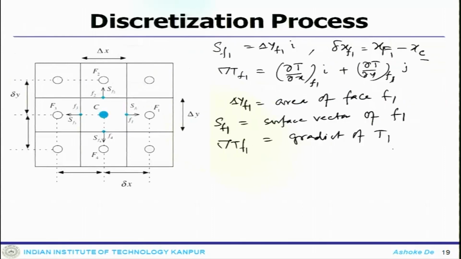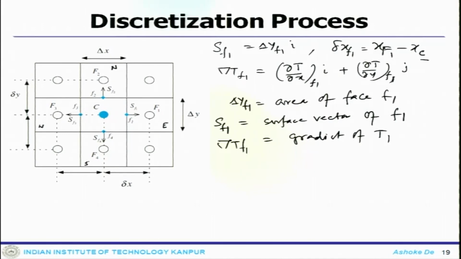And if you look at that in this particular picture, this is how it has been done. This is element C, it is in the cell center. That blue dot here defines your cell center, and this is your f1 which is at the east face or east side of the element C, this is your north side of the element C, this is your west side, this is your south.